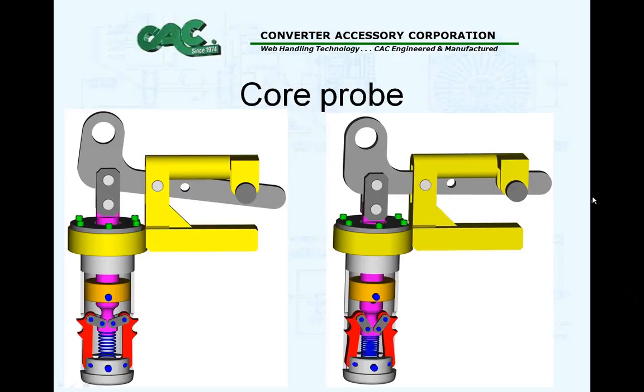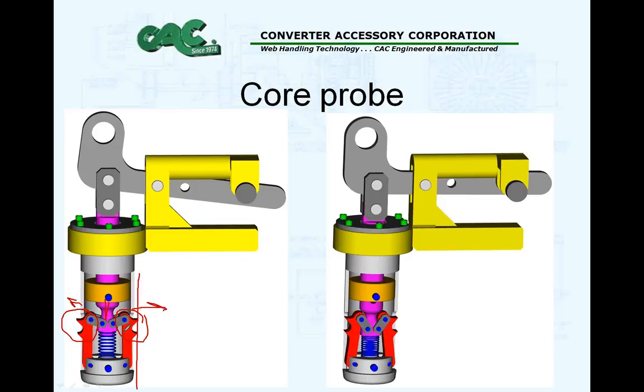Now when I talk about probes, we're going to talk about core probes quite a bit during this webinar. This is an example of one core probe. Basically, the way this unit works is you have mechanical teeth that are actuated by this shaft inside the probe, and these teeth travel outwardly from the center and penetrate your core.